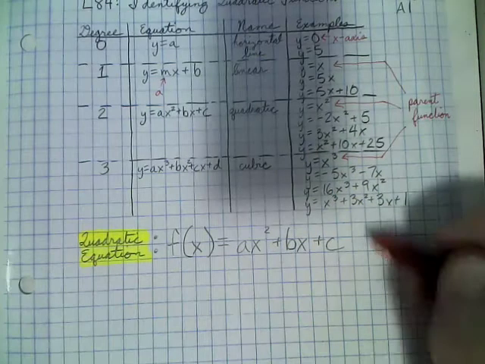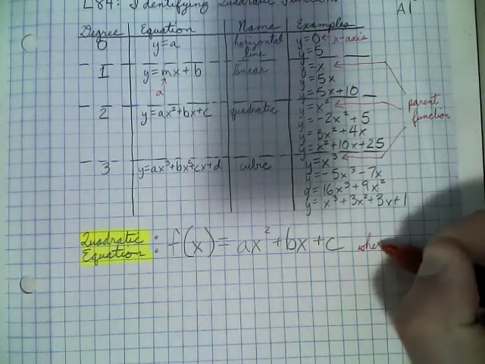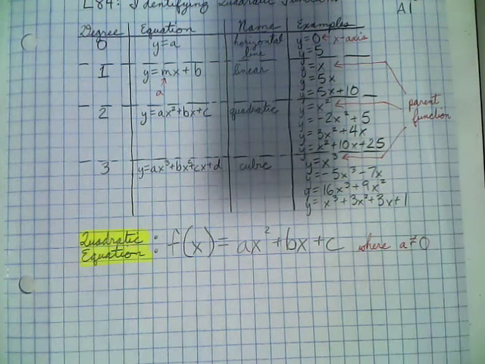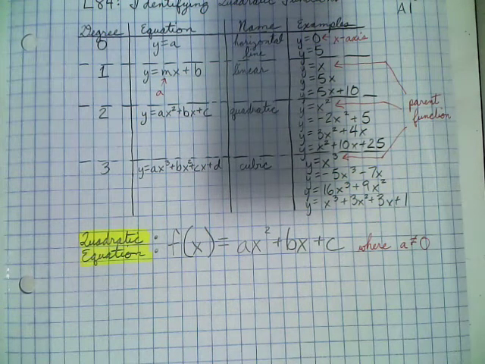And as we said before, we need that x squared to still be there. So a cannot equal 0. All the rest of them can equal 0, but a cannot equal 0. If a equals 0, then my x squared term goes away and it's no longer quadratic.